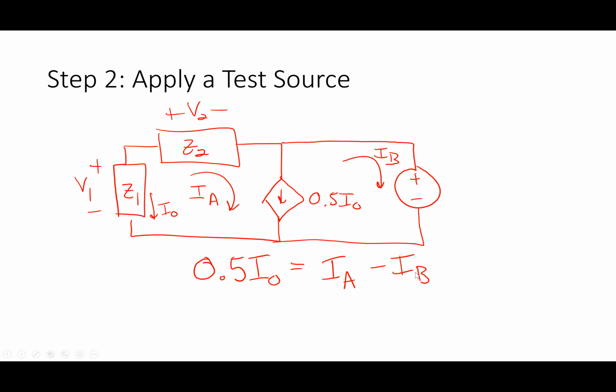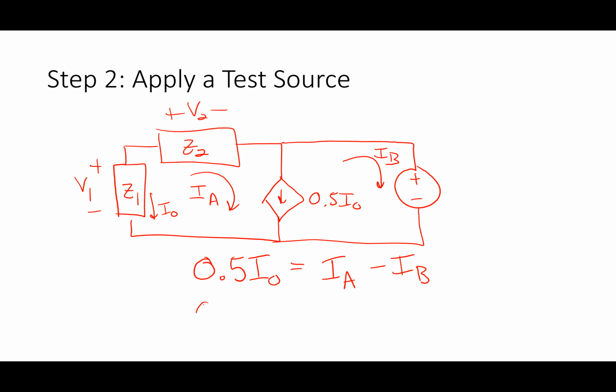Now, in this particular case, I can simplify this down pretty quickly. I naught is the current flowing from top to bottom on Z1 right there. So it would just be negative IA.